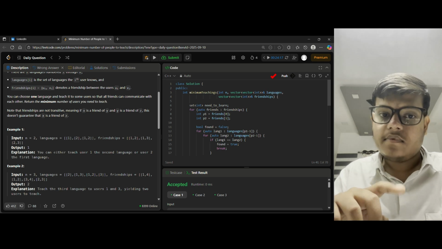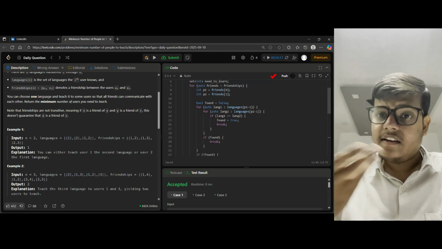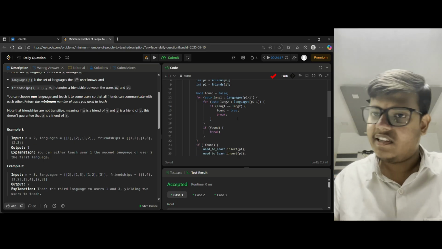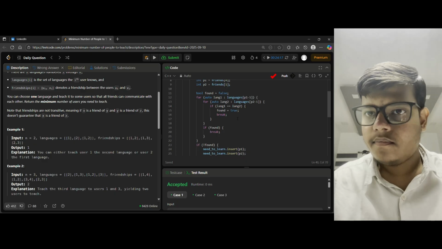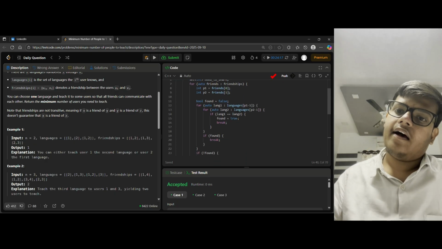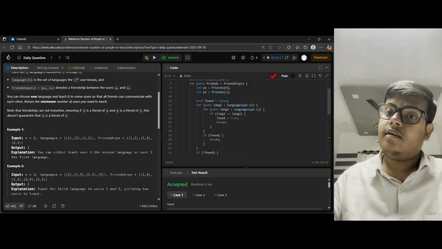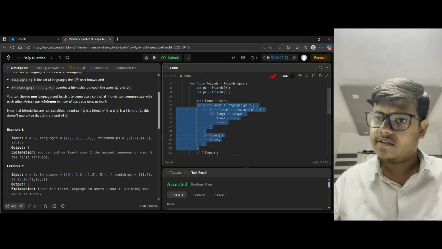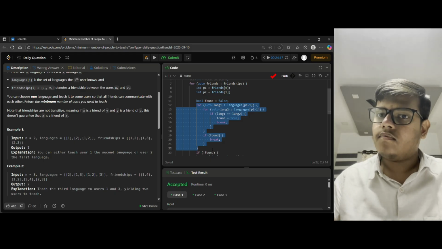If yes, that means they can communicate right now. We don't need to teach any language to them, right? So I am checking if they both share any particular common language. For that I have maintained a variable found.